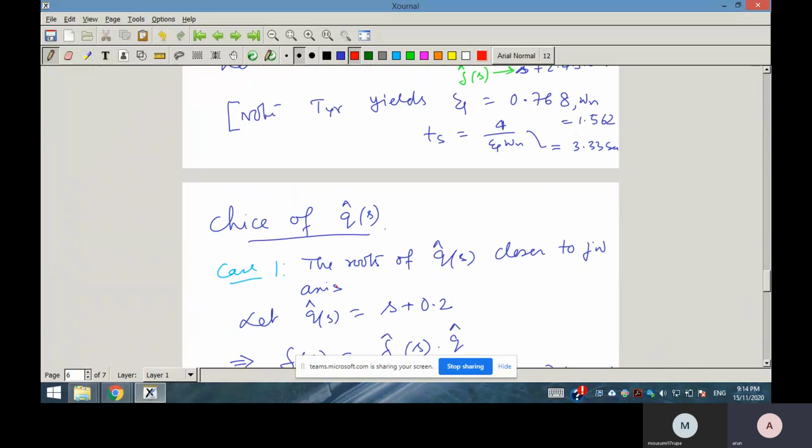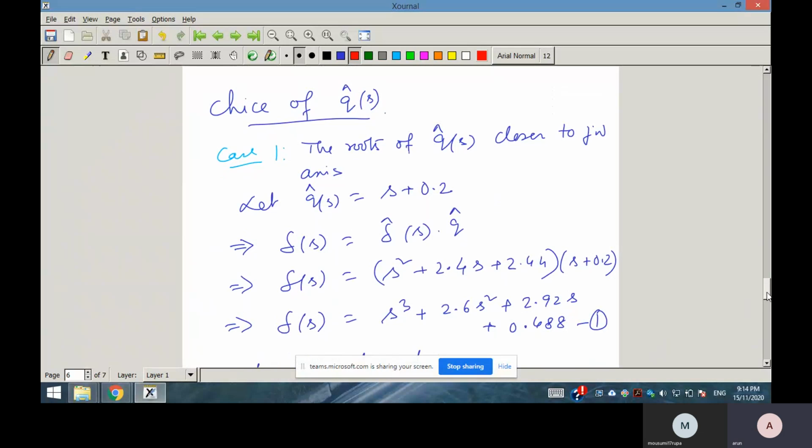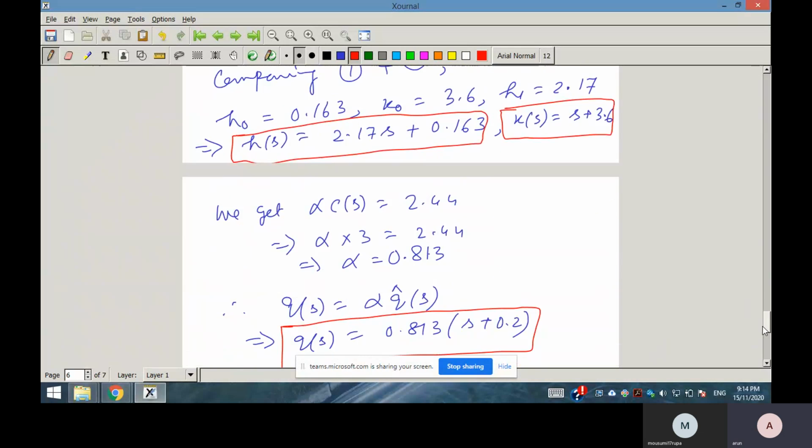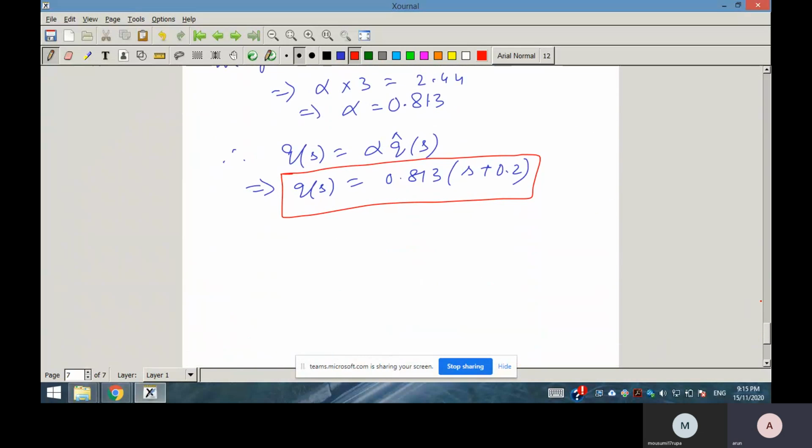So for case 1, I have chosen roots closer to the j omega axis, that means low Q hat. Now I will choose some medium value. Suppose for case 2 I choose Q hat equal to S plus 2. These are roots not too far away from the imaginary axis and not too close to it, so this is a medium value.